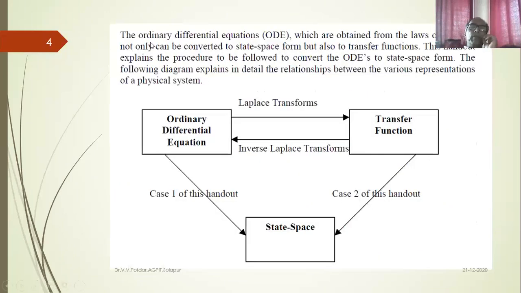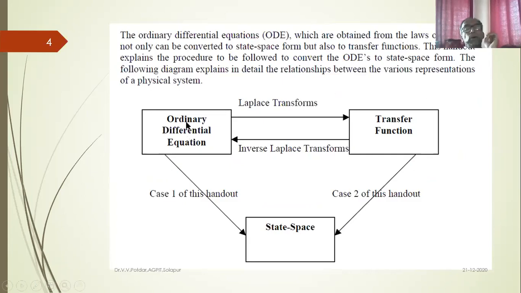In block diagram format, the ordinary differential equations which are obtained from the laws of physics can be converted not only to state space form, but also to transfer functions. This handout explains the procedure to be followed to convert ordinary differential equations to state space form. The following diagram explains in detail the relationship between the various representations of physical systems.